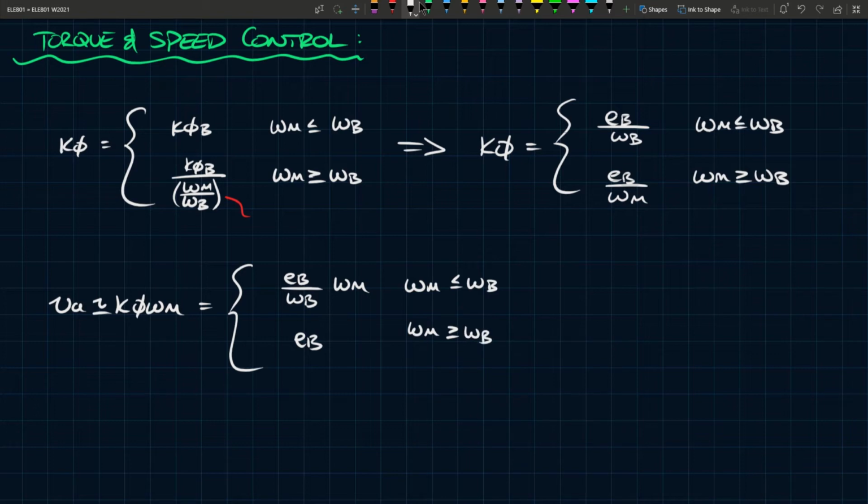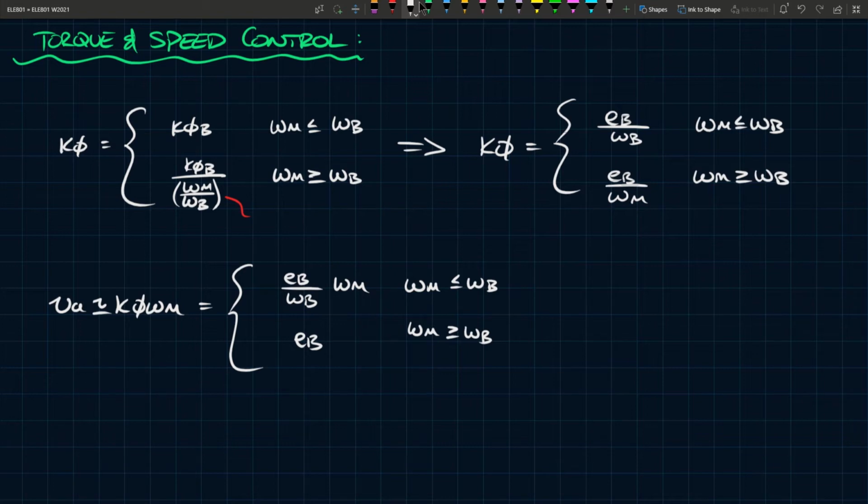Now, since we can't control K phi directly, well, actually, let's go back one step. Let's not jump ahead yet. So, what's the implication here? The implication here is that the armature voltage does not increase beyond the rated value of the EMF, even if you increase the speed, right?